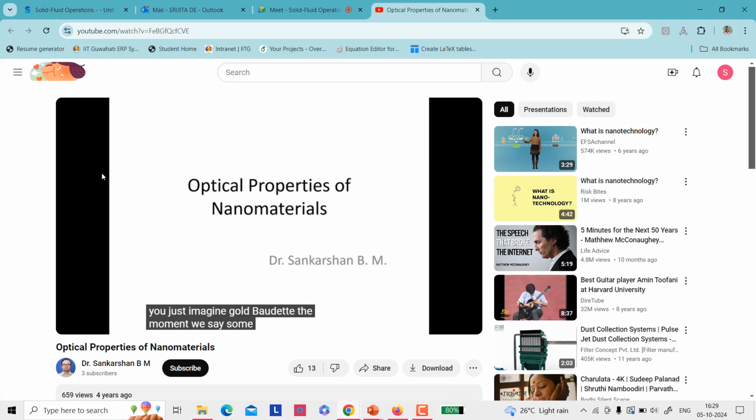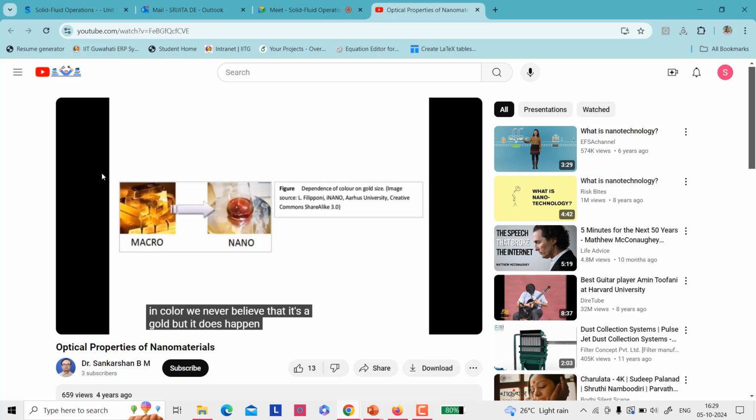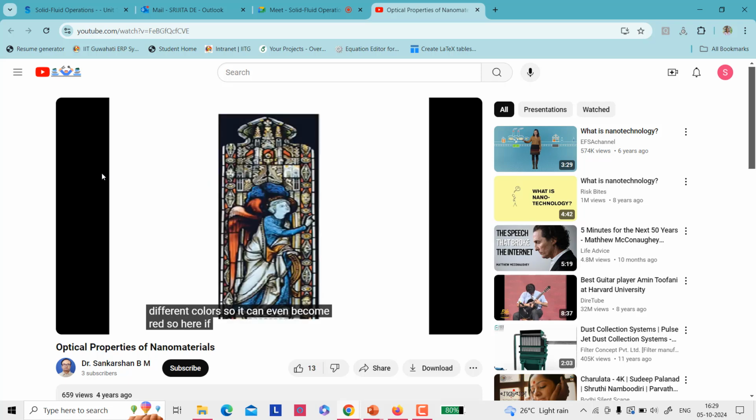Here, if you see this window pane in a church, everyone has seen this kind of paintings in a church or any place. You never knew that it is gold, from which almost all the colors have been obtained. These are painted with gold nanoparticles of different size. That is why the different painting colors are formed.